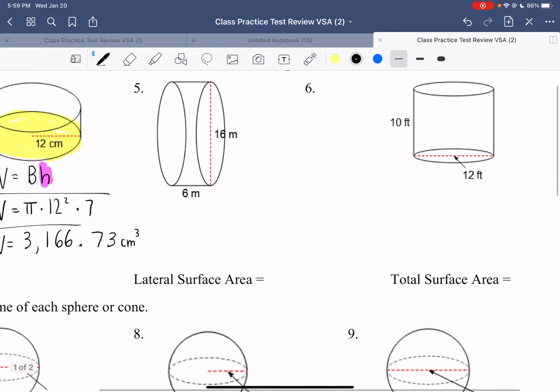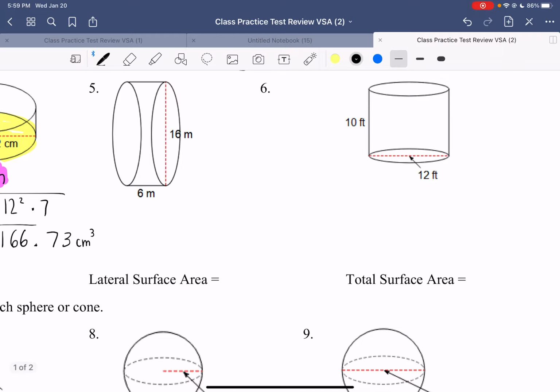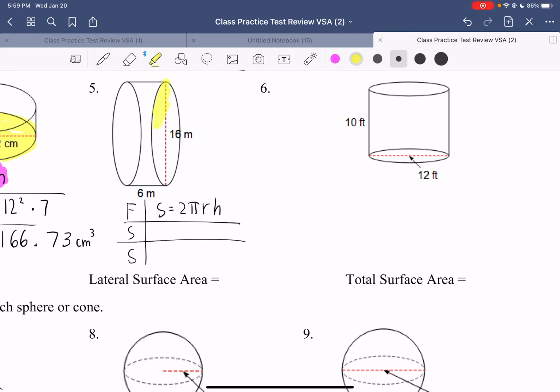Number 5, we're looking for lateral surface area of a cylinder. Lateral surface area of a cylinder is surface area equals 2 pi radius times the height. This is our base. If I were to redraw that base, it's a circle, and they give us a diameter of 16. So the radius is half of that, which is 8.